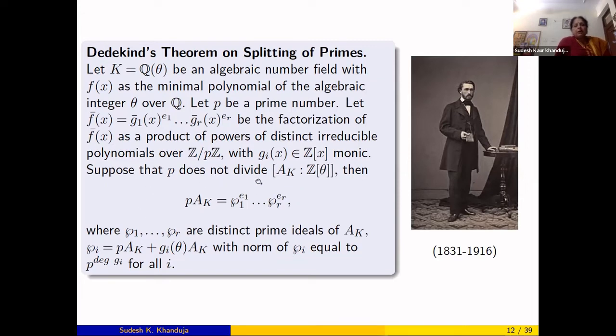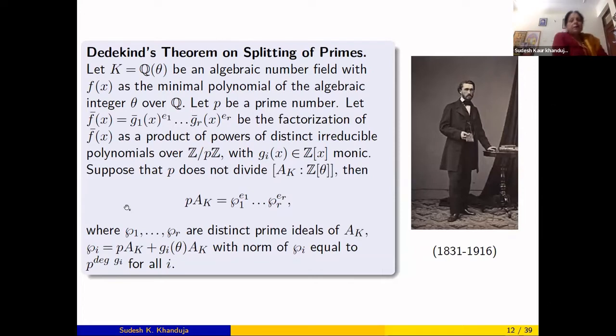Suppose that p does not divide the index of the subgroup Z[θ] in A_K, this is the only hypothesis. Then pA_K can be written as P1^e1 ... Pr^er, where P1, ..., Pr are distinct prime ideals of A_K. Moreover, P_i is generated as an ideal of A_K by p and g_i(θ), and the norm of the ideal P_i equals p raised to the degree of the polynomial g_i(x).